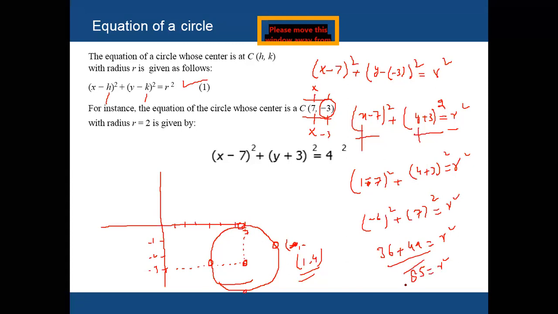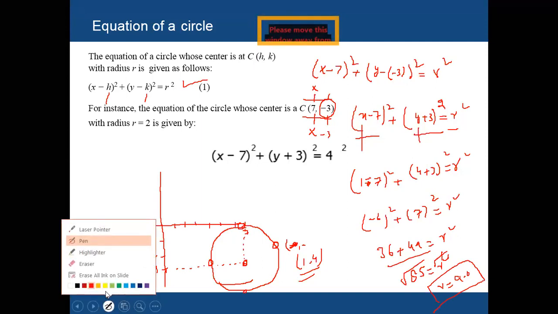So taking square root on both sides, r is equal to what? It will be like 9 point something. 9.0 something is the radius of a circle. So in this way, you can find the radius if central points are given and also all other points are given. Okay, next thing.